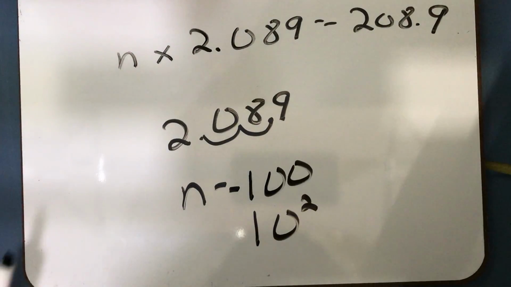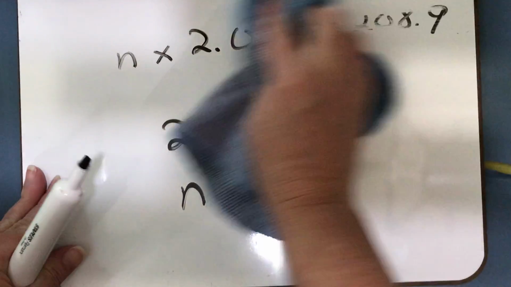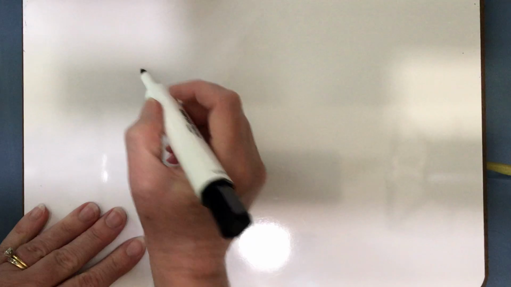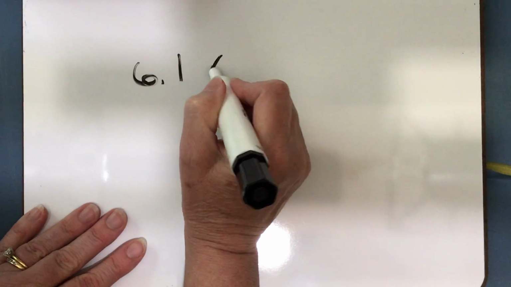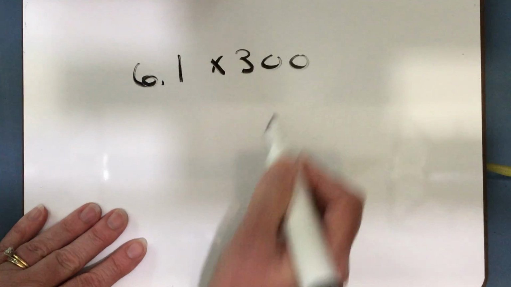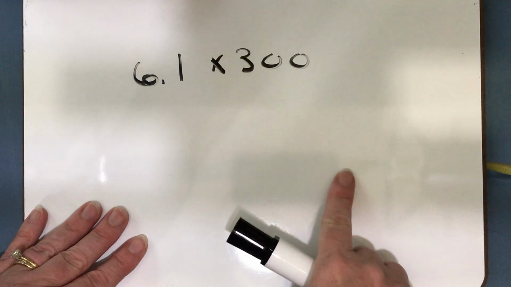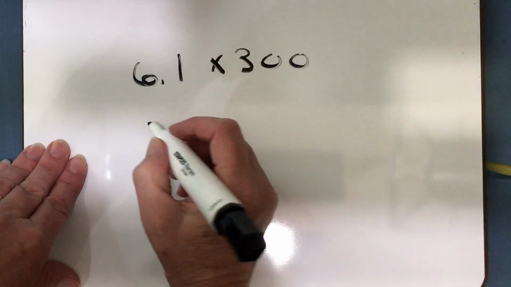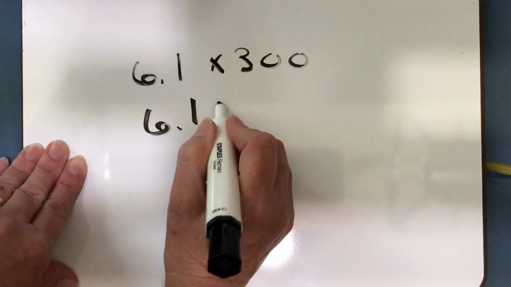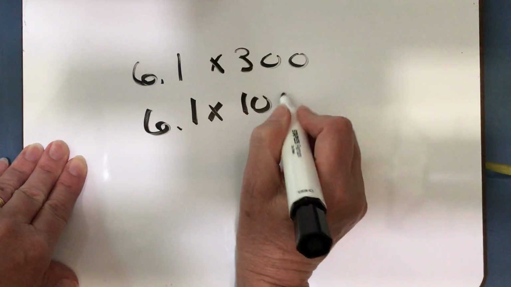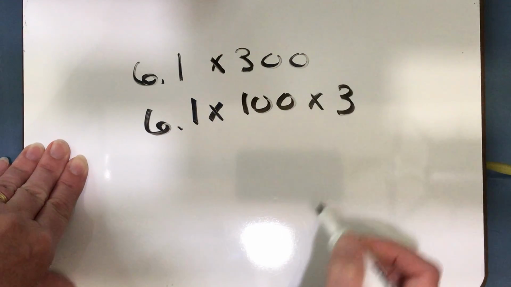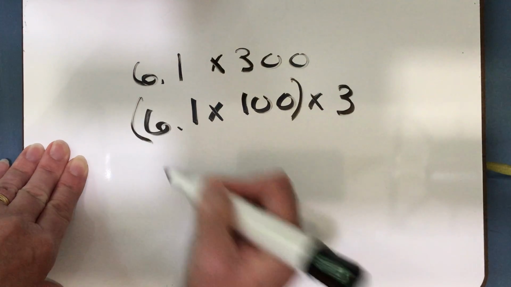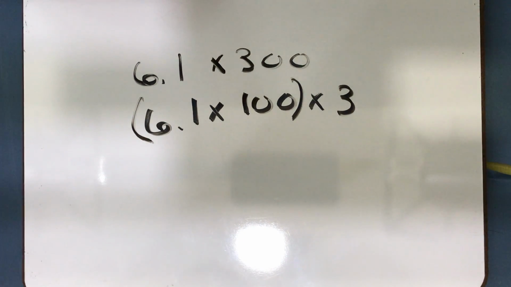All right, let's go back to number 3 that I skipped. Number 3 says 6 1/10 times 300. Okay, we're going to break 300 apart and call it 100 times 3. So first you're going to do 6 1/10 times 100.